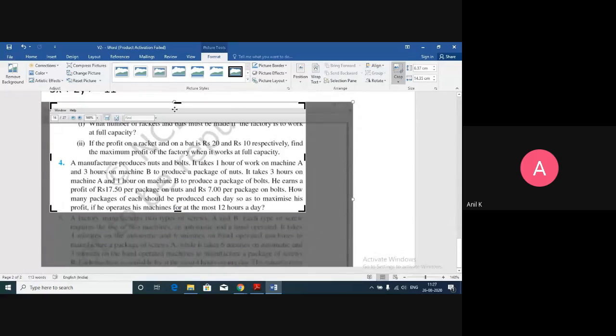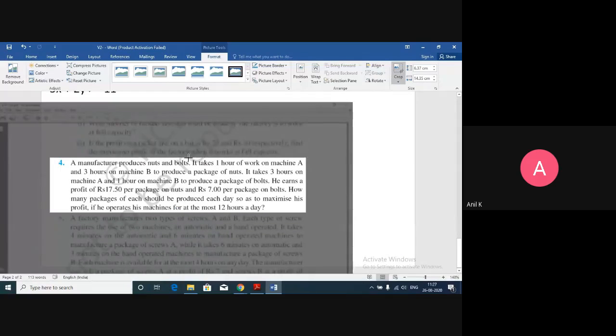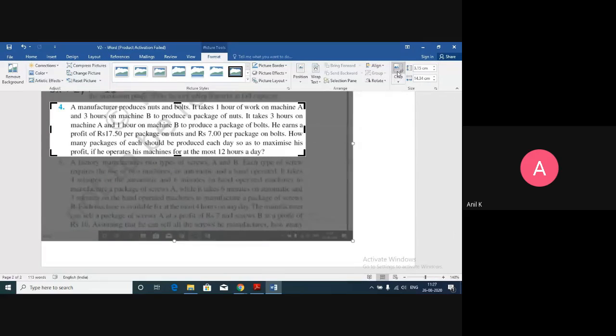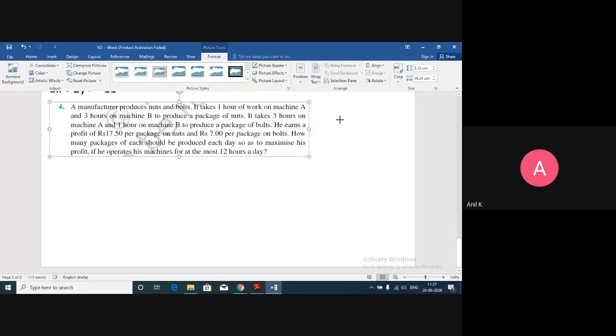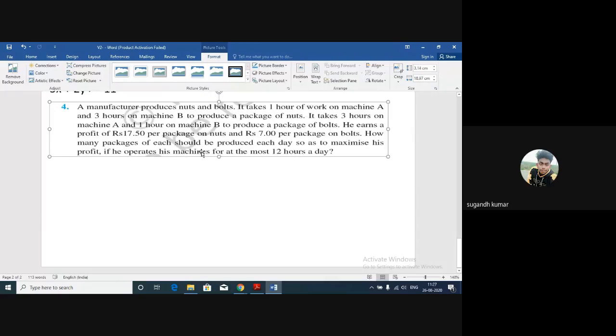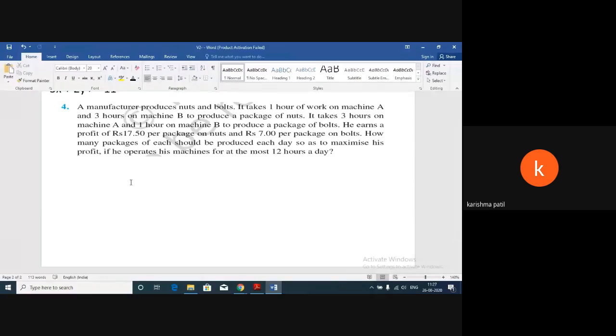Yeah, you can tell me what should be my x and what should be y. Let the number of packets of nuts be x and the number of packets of bolts be y.